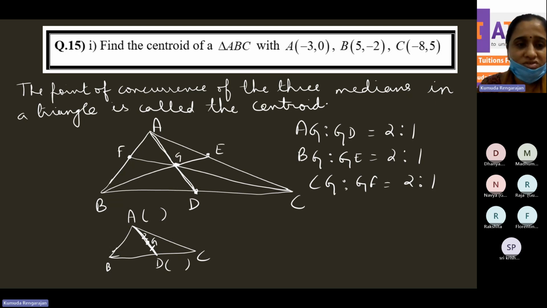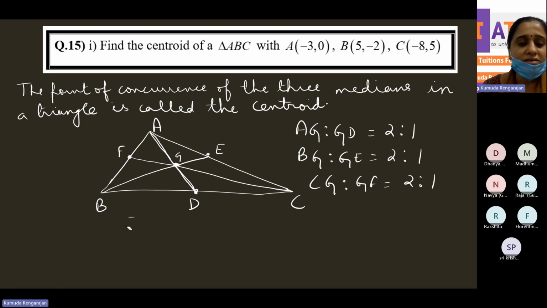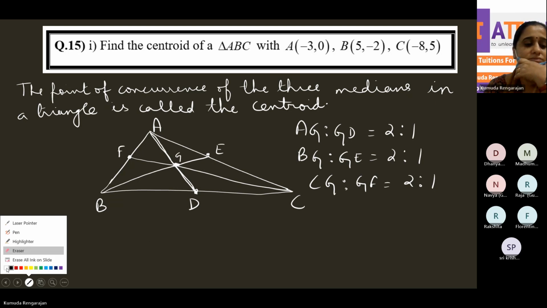Now don't write the question, children. First take down this little note about centroid. Please write this. I'll clear the screen and then we can answer the question.